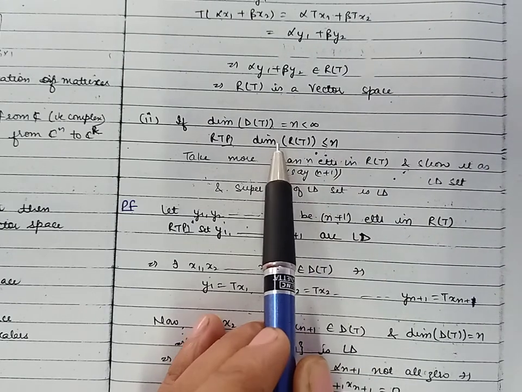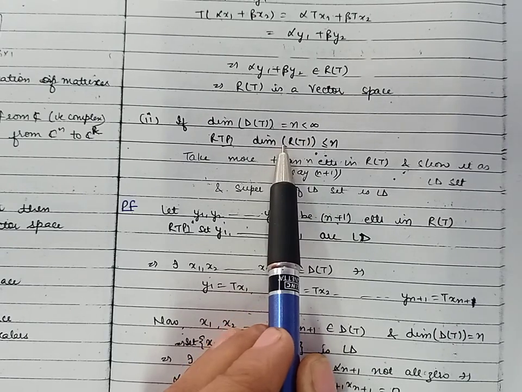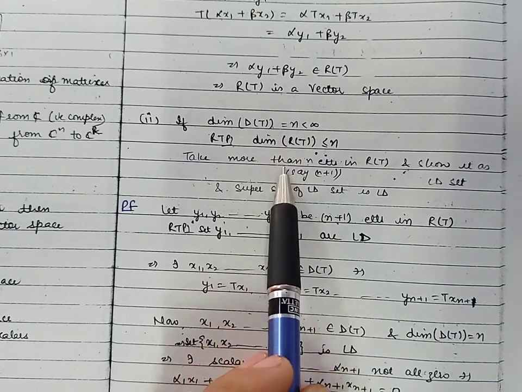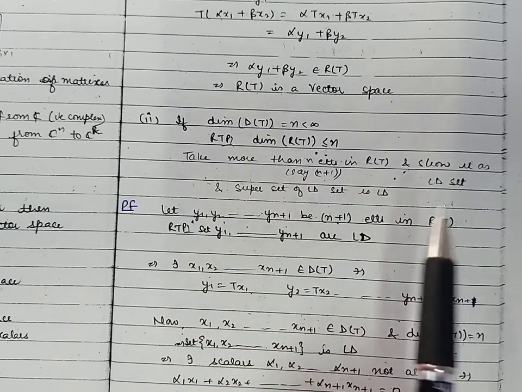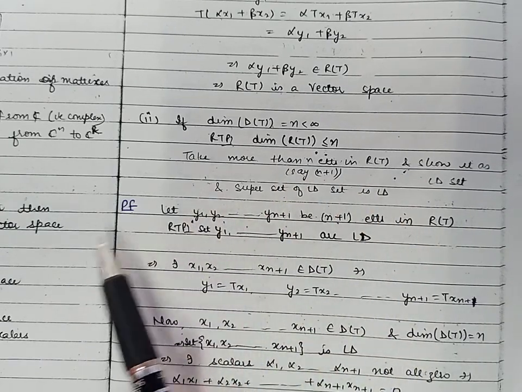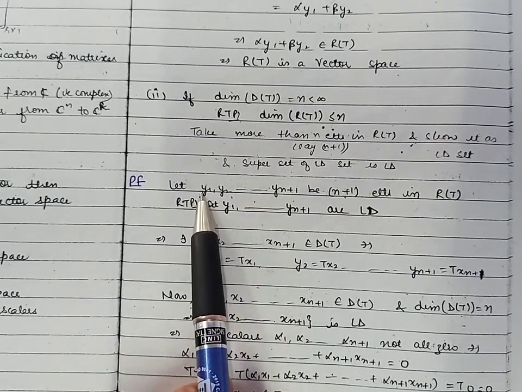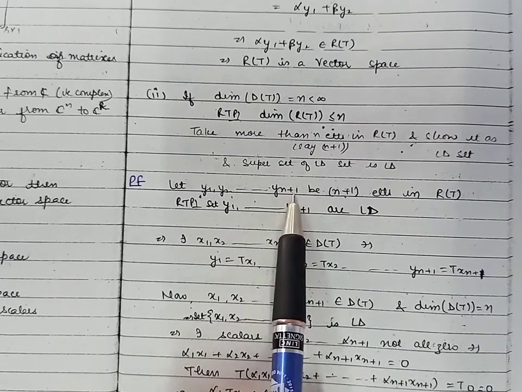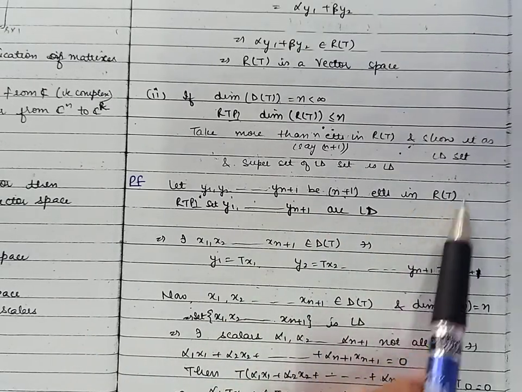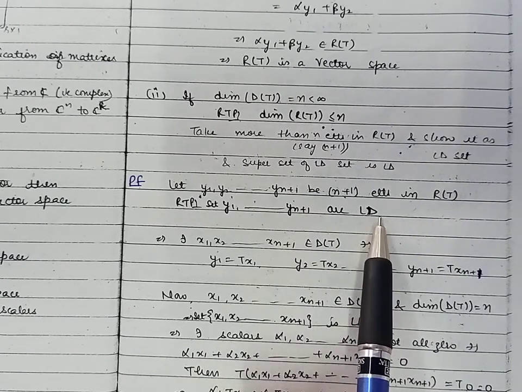It means if we take more than n vectors in R(T), then the set consisting of those n plus 1 vectors should be linearly dependent. So let us take a set of n plus 1 vectors y1, y2, y3 up to y(n+1). These are n plus 1 vectors in the range of T. Now we prove that these vectors are linearly dependent.